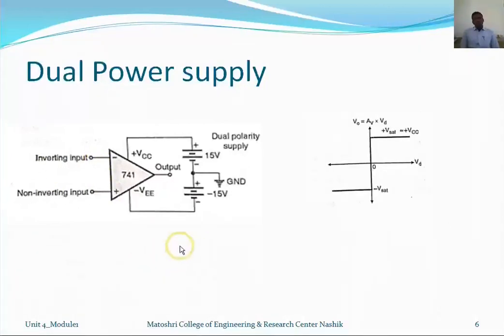After applying the dual power supply of positive negative 15 volts, we get the output from the 6th terminal, and the output is a square shape like this. Positive 15 is the positive saturation voltage level, equivalent to positive VCC, and negative VSAT is the negative saturation voltage, equivalent to negative VEE.